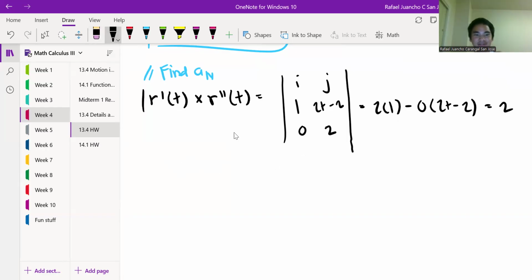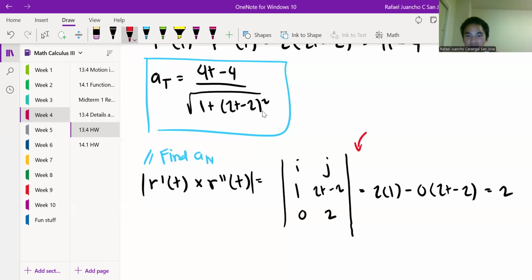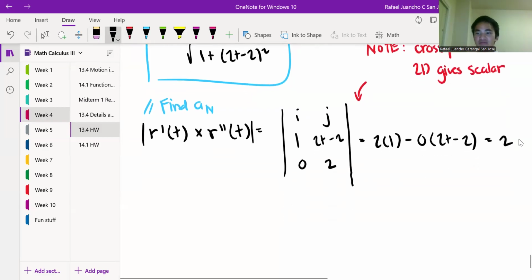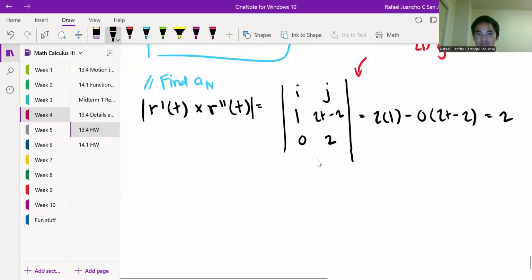Okay, I'm gonna put a quick note here. The idea is the cross product gives me a scalar. So it doesn't give me a vector. So I can't really use that to compute a dot product here, right?